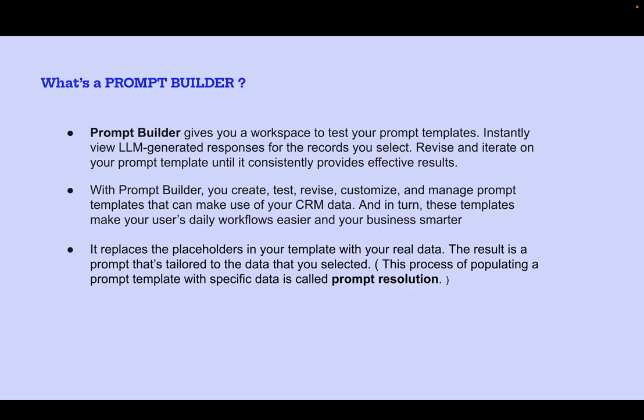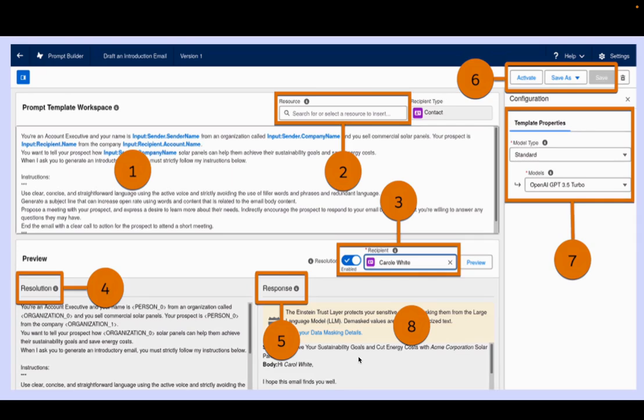And this process of populating the prompt template with specific data is called prompt resolution. Now let's see how a prompt builder workspace looks like. So this is a prompt template workspace where we add or edit our prompt and prompt instructions, and from here we can add merge fields and other resources like Apex, flows, record fields, related lists, etc. And from here we can select our record and click on preview to generate the prompt resolution and also to see the response.